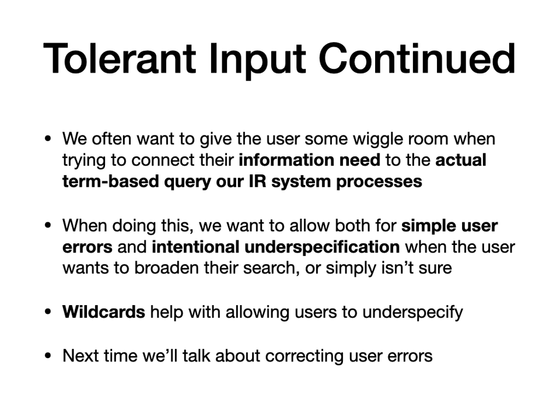Whereas tolerant input says the user mostly knows what they're looking for, but we want to help them get there. So they can either intentionally underspecify a term, or we can say, hey, I'm going to try to help you correct that error because I didn't find anything when you did that. So wildcards help us with the underspecificity, but next time we'll talk about how to correct errors using some of these same ideas. So, final thought today.